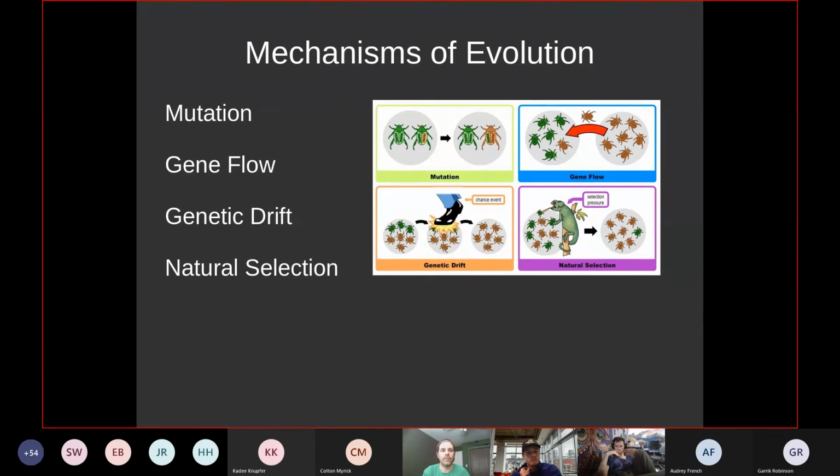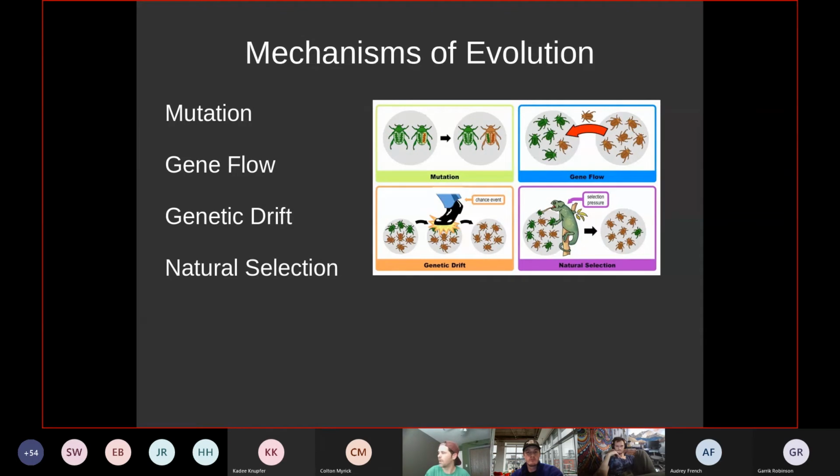Now, we've got other mechanisms of evolution. Mutation in and of itself. That's a mechanism. So you go from one population and somebody acquires the mutation, boom, that population has evolved.